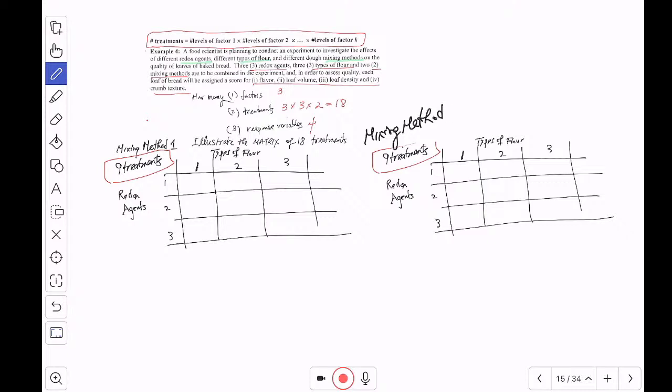And 9 plus 9 is 18. Got it? So that's what it would look like visually.